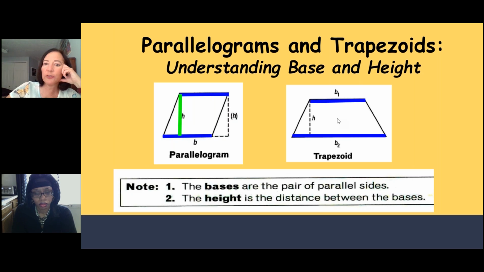The trapezoid is tricky though, because we have two bases, the shorter base and the longer base. So we have to find the average distance between those two, or the halfway point. And then we have just one height for the trapezoid.